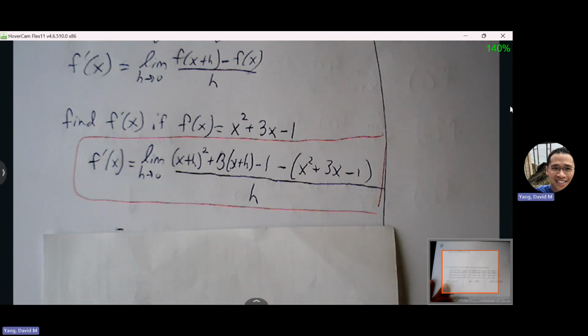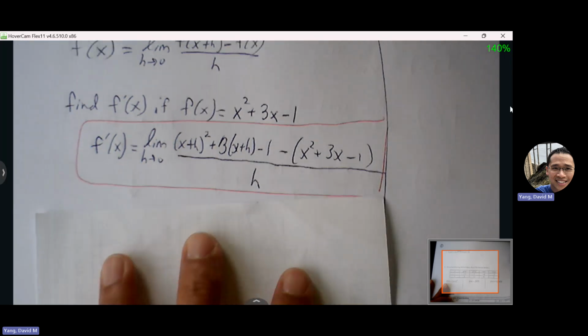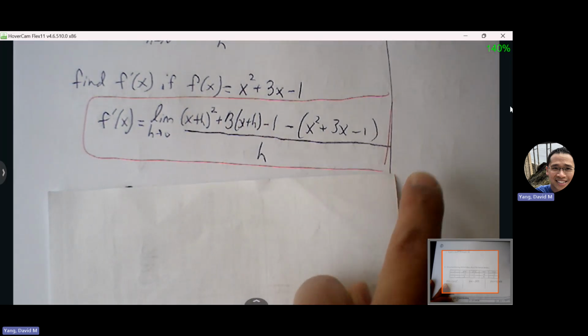So this is how we interpret, or convert, that x squared plus 3x minus 1 into f of x plus h. Every x gets replaced with x plus h. That's my f of x plus h minus f of x. F of x is the original expression, all over h. And now you're just expanding everything out. You know that you can factor an h from the numerator because this gives you 0 over 0.